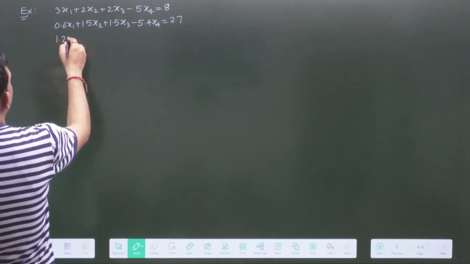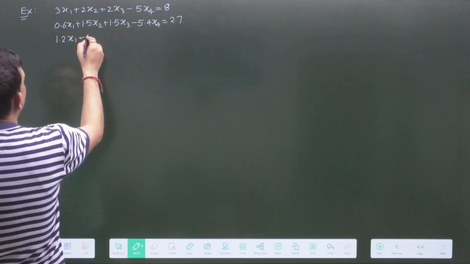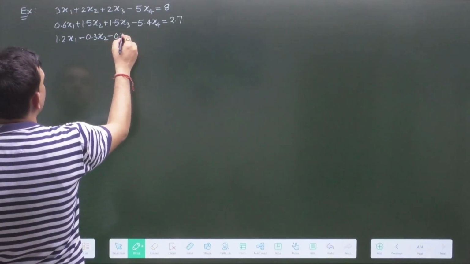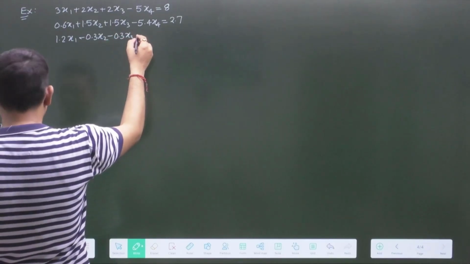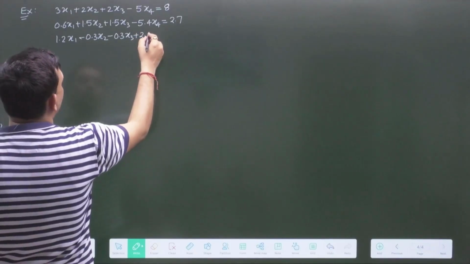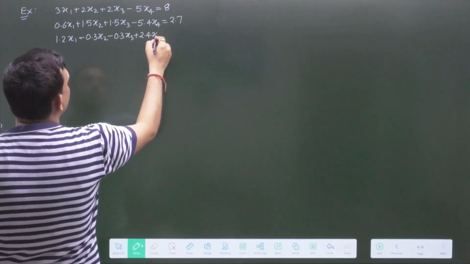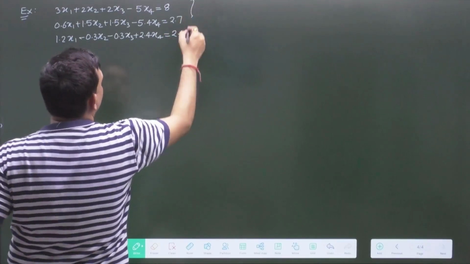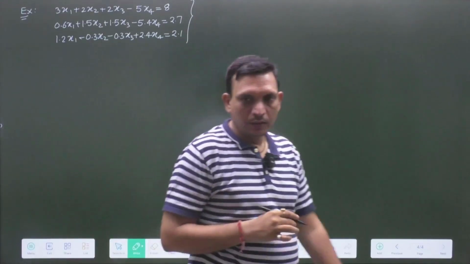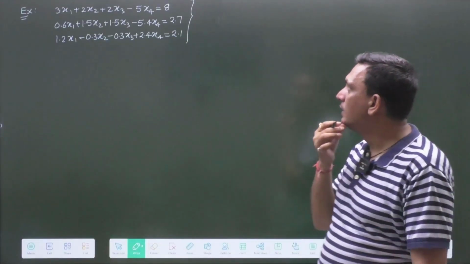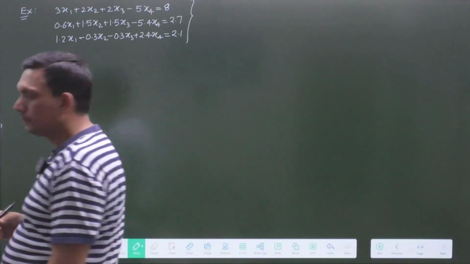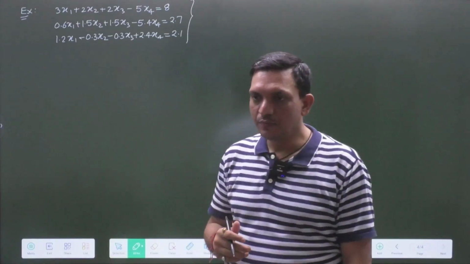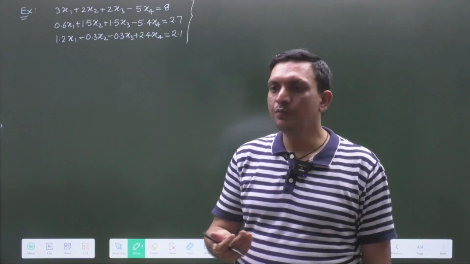And then you have 1.2x1 minus 0.3x2 minus 0.3x3 plus 2.4x4, and that is 2.1. Now we have 3 equations and 4 unknowns. So in this case, there are 2 possibilities: whether it has no solution or it has infinitely many solutions.